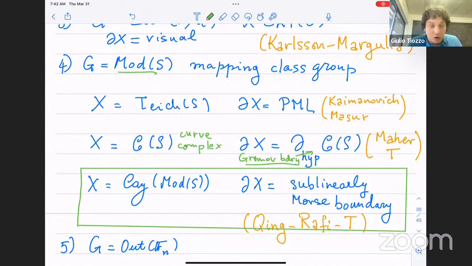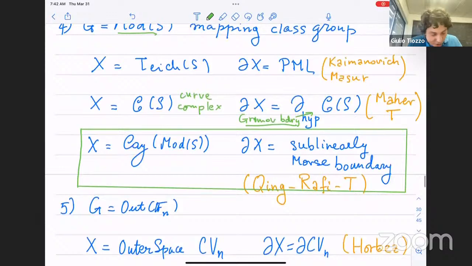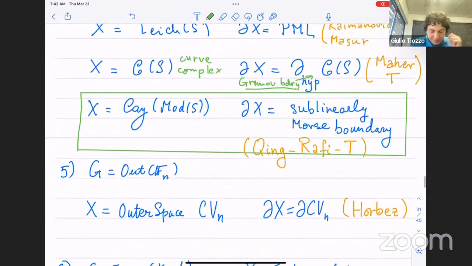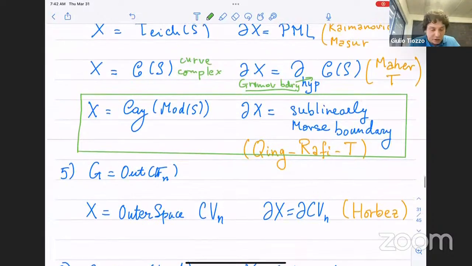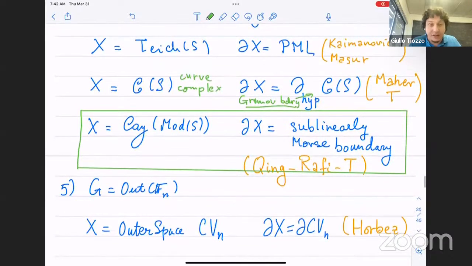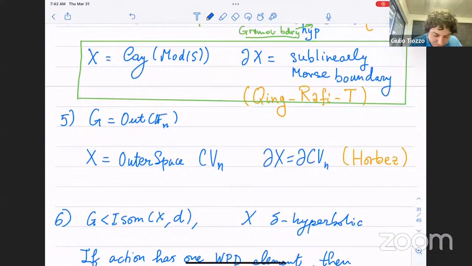Now, if you want to go beyond the mapping class group, of course, the next group is Out(F_N). Out(F_N) has been studied by Camille Horbez, when you look at the action of Out(F_N) on outer space. So it's the analog of the action on Teichmüller space, basically. And you can prove the identification of the Poisson boundary on the boundary of outer space. Also, you could look at the analog of the curve complex, say, the free factor complex.